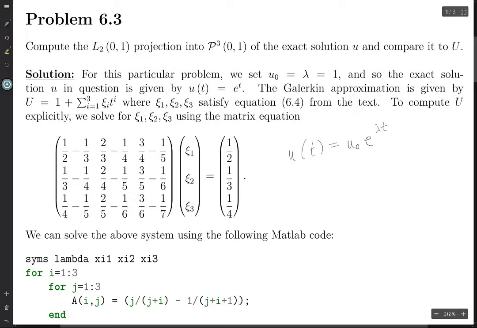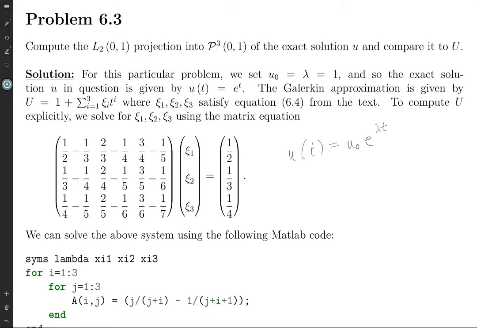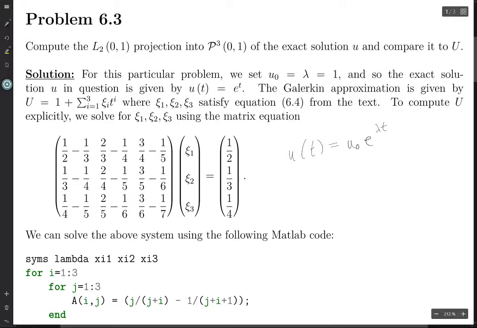In this question you're not really able to move forward at all unless you have something you can work with. So you need to choose a specific function u. You first have to step down in generalization: we're not looking at general functions u, we're looking at this specific solution, u naught e to the lambda t.